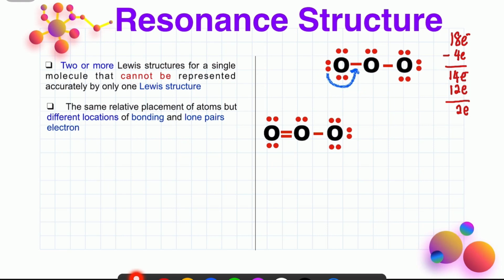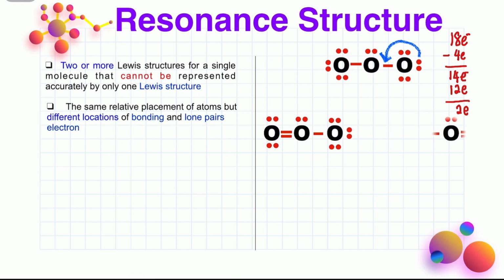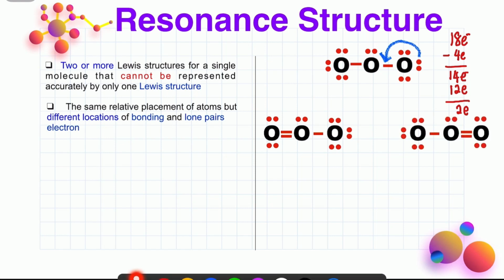Next, the other terminal oxygen atom can also share one of its lone pairs with the center atom, and the double bond will form at this part. So this is a different structure.